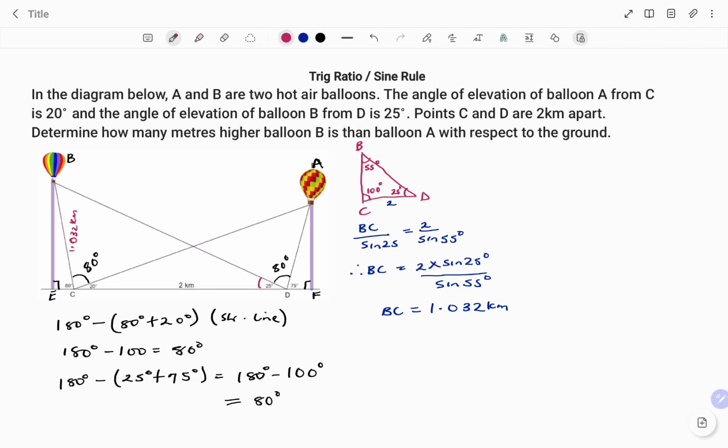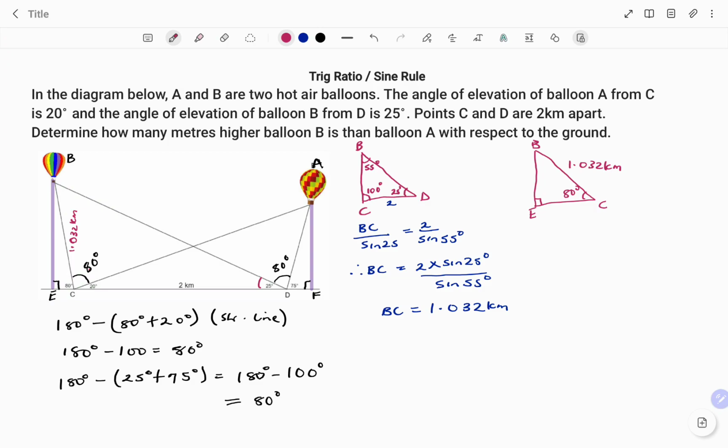And because I know the distance BC to be 1.032, I can use the right angle triangle as shown. I'm going to draw a rough sketch here. This is my E, that's the right angle. I have C, I have the angle at C, 80. I already know the distance BC to be 1.032 kilometers.